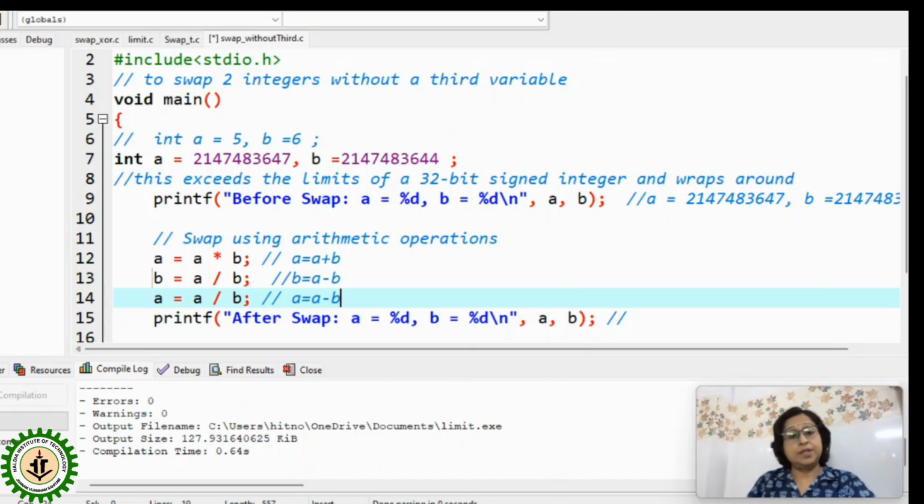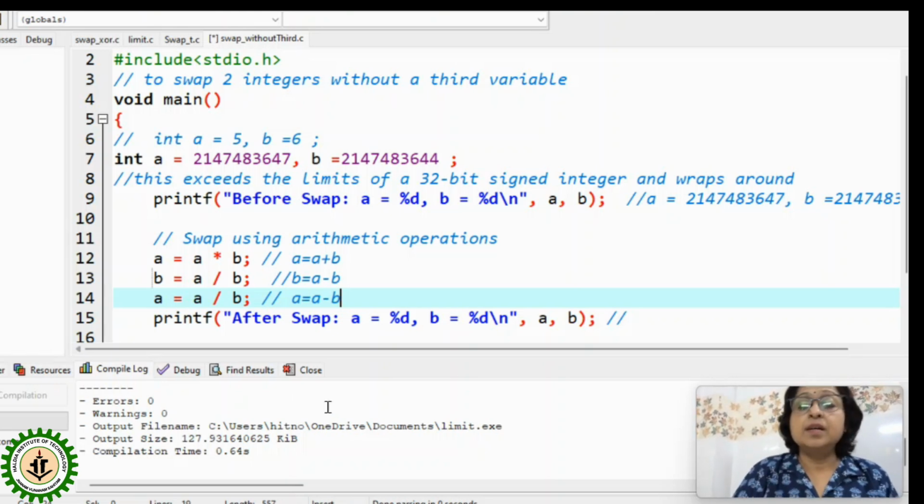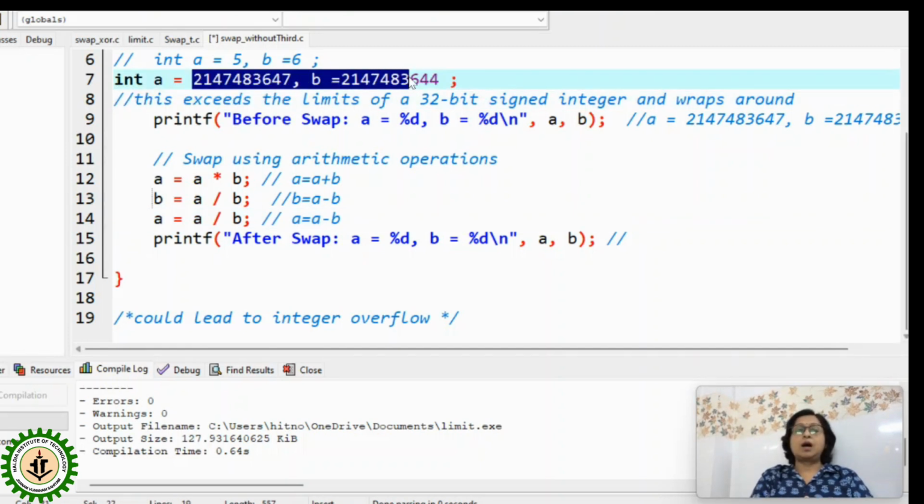But again, it will face this kind of integer overflow condition if two huge numbers are taken into consideration. So it is a better approach than the previous, but again it has some shortfalls.